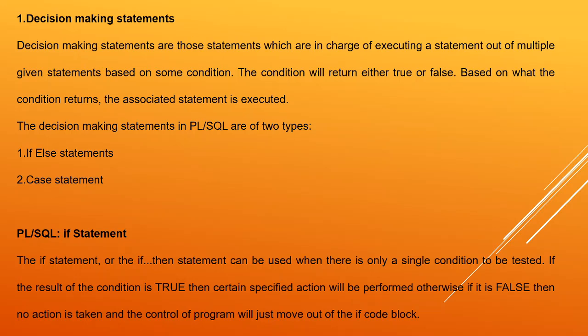In order to do that, we need certain kinds of decision making statements. The decision making statements in PLSQL are of two types, which are if else and case. They sound very familiar, I guess. In if else, we have several other types of if else.